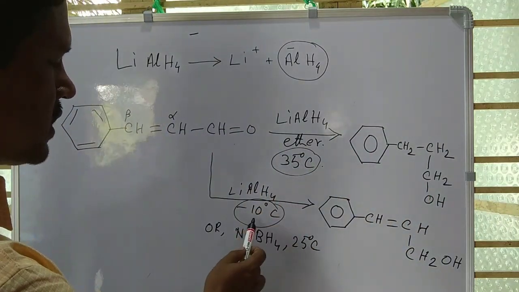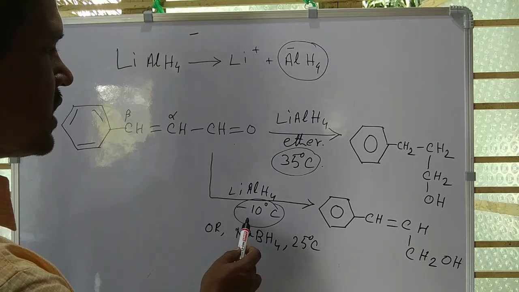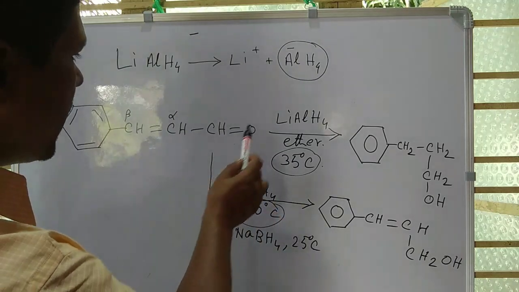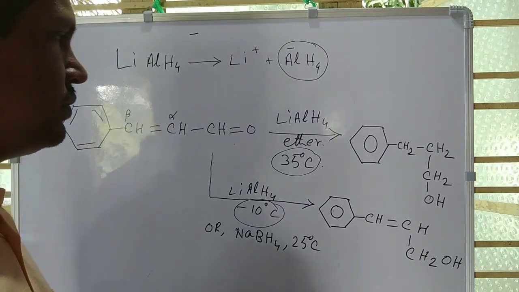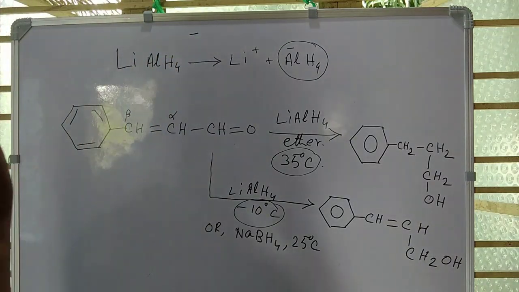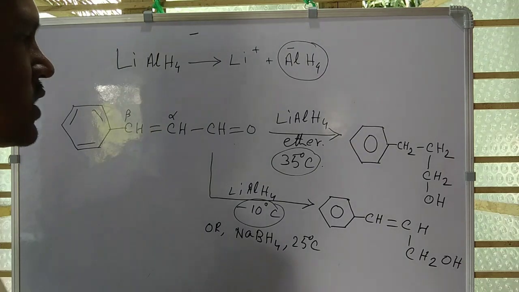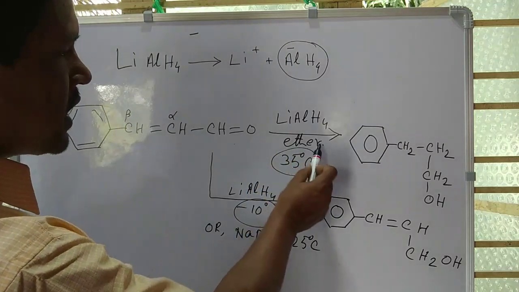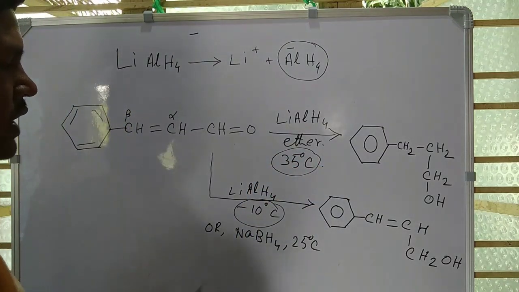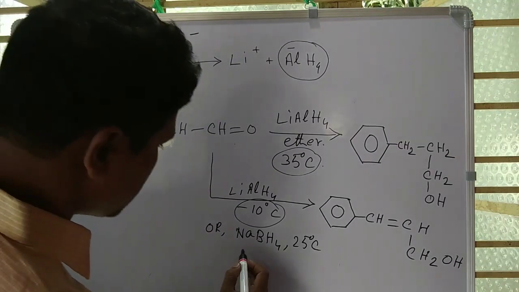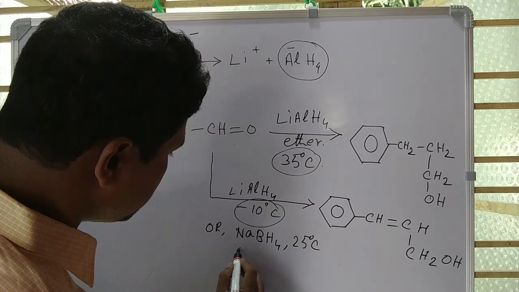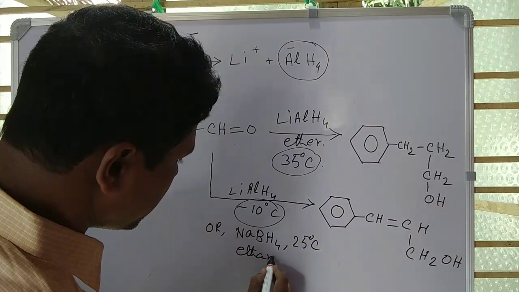But when the temperature is reduced to minus 10 degrees centigrade, only the aldehyde functional group will be reduced to the alcohol. So lithium aluminum hydride is always used with a non-hydroxylic solvent such as ether, as we discussed earlier. But in case of NaBH4, we generally use an alcoholic solvent such as ethanol. Here the solvent is ethanol, NaBH4 in ethanol.